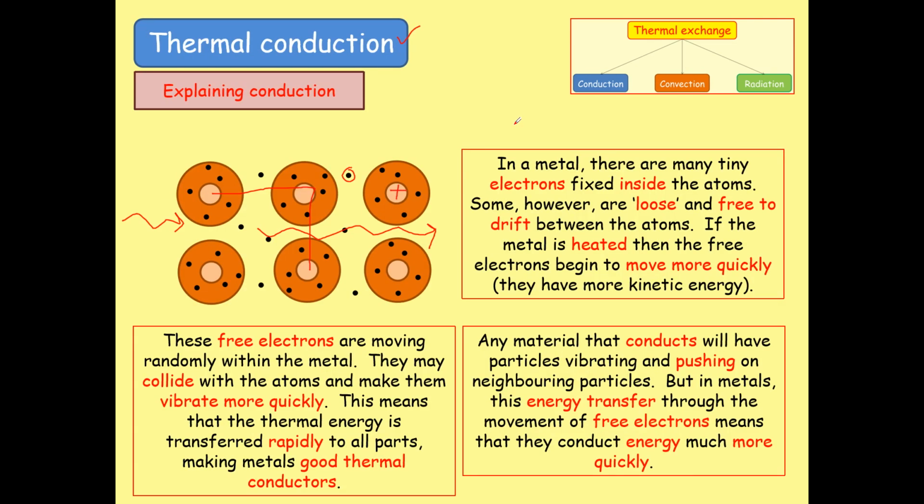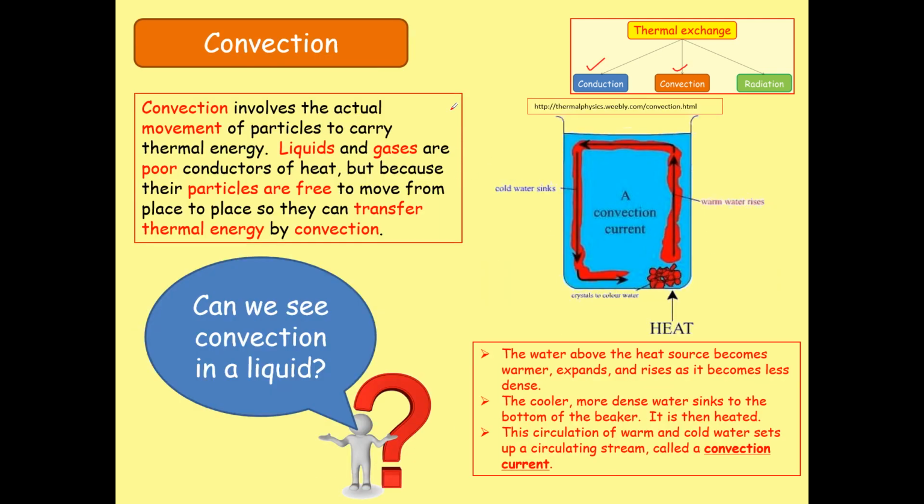In conduction, when we say the word conduction, we're referring to the exchange of energetic particles, not the atoms themselves, but these tiny particles, electrons, which drift from one atom to another, carrying thermal energy. But in convection, we actually have molecules or particles themselves moving through the object or our container, transferring energy from one point to another.